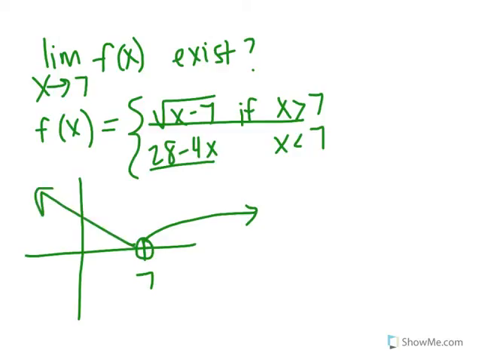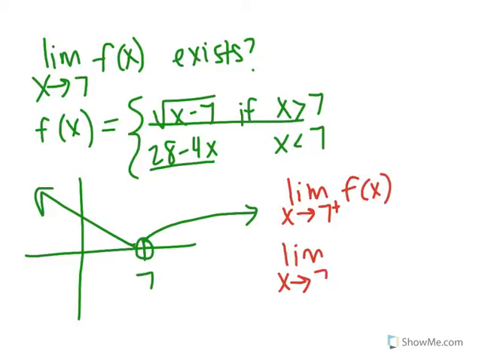So now to see if it exists, I should have put exist, you need to compare what's the limit approaching 7 from the right, or from the positives. What's that? And what's the limit as x approaches 7 from the negatives? If they're the same, it exists. If they're different, it doesn't exist.